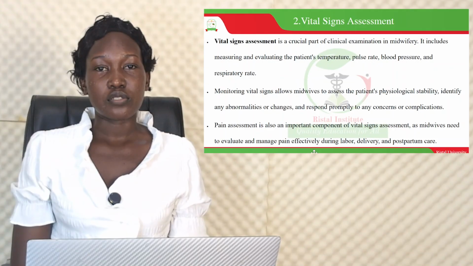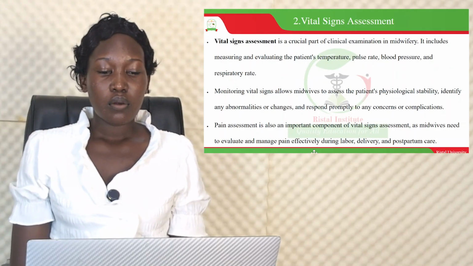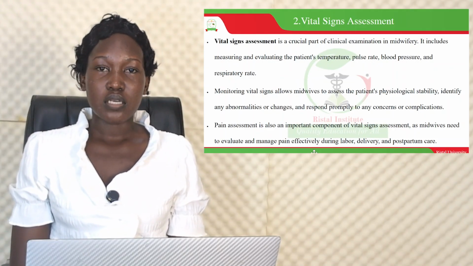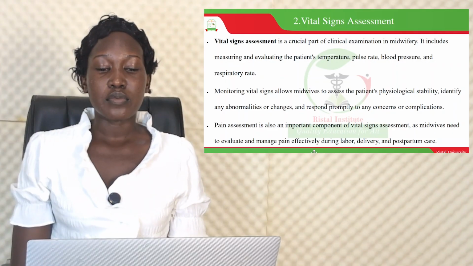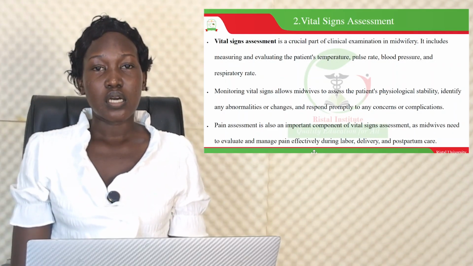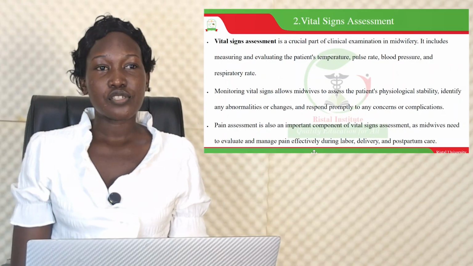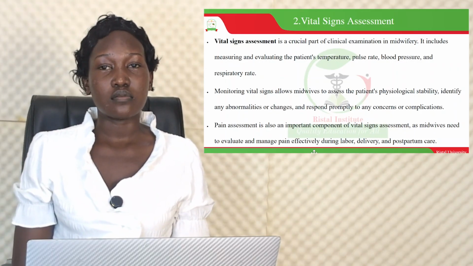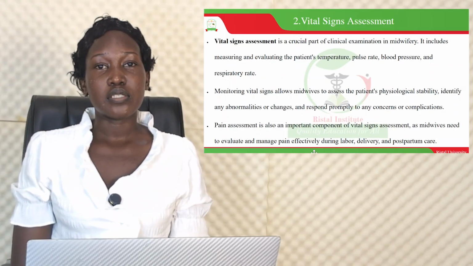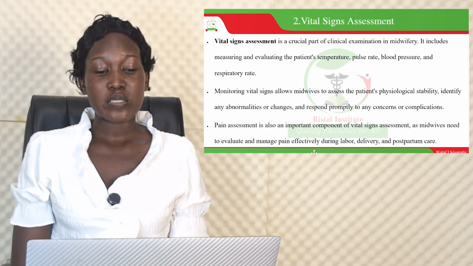We focus on the fetal heartbeat. On top of vital signs, we don't only look at those four basic ones. We can also look at oxygen saturation, that is if the mother is at risk of anything or maybe admitted with any complication. That should also be part of your vital sign assessment.